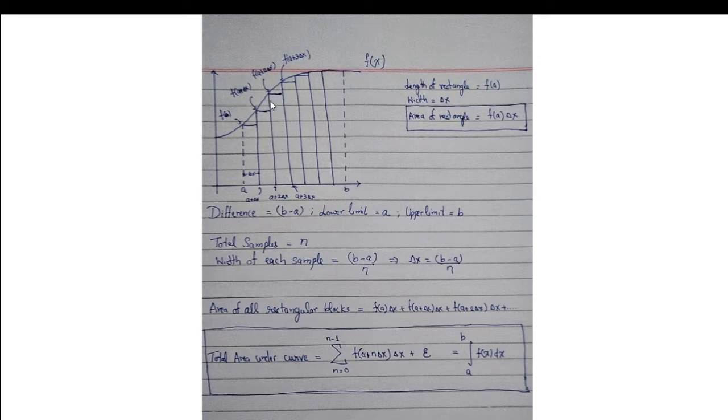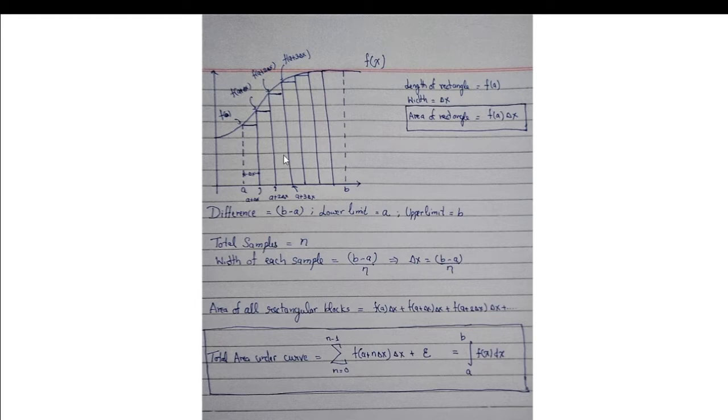I have divided this whole curve between A and B into rectangular blocks of equal width. Here the figure is not perfect, but assume that all of these have equal width, actually not length, equal width.